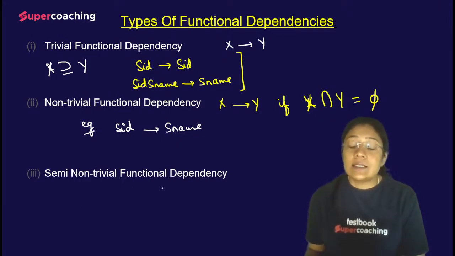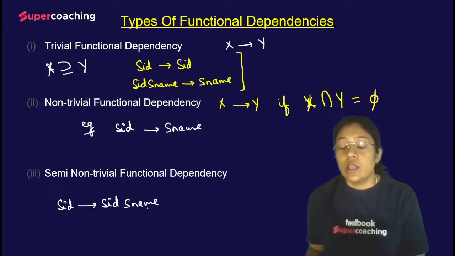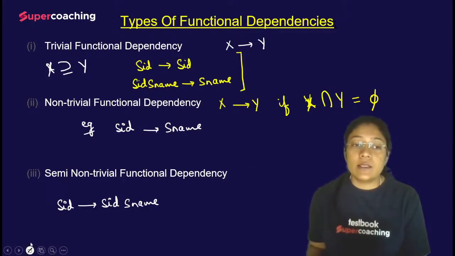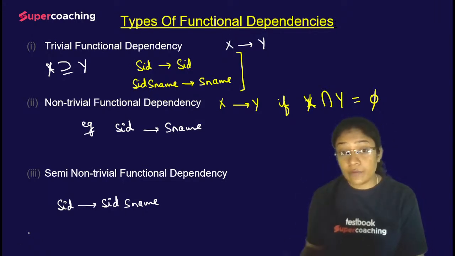Semi non-trivial is nothing but the combination of trivial and non-trivial. For example, we are saying that SID determines SID and S name. Here this is a combination of trivial and non-trivial functional dependency.